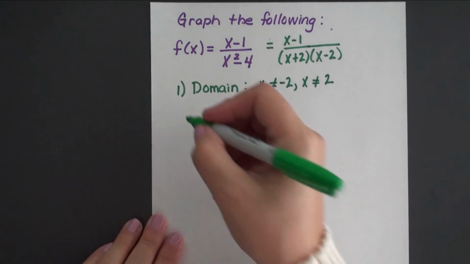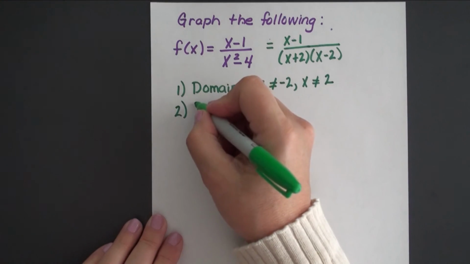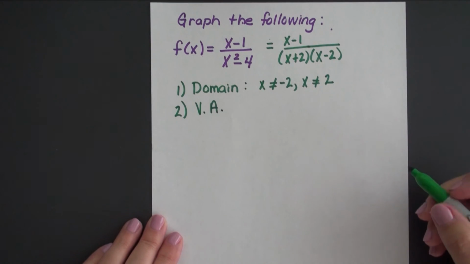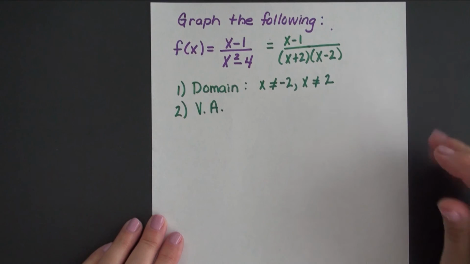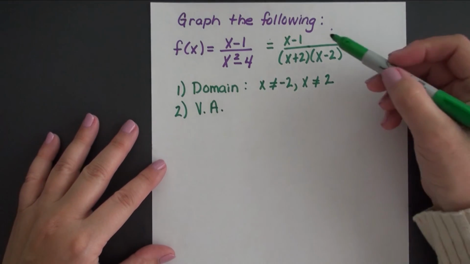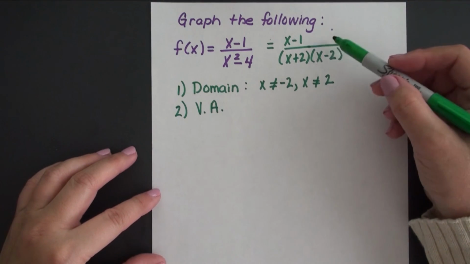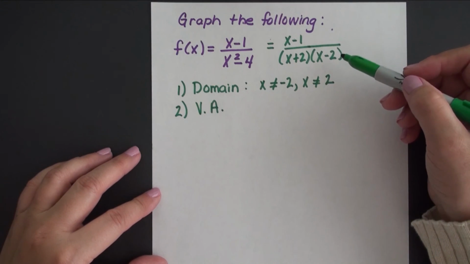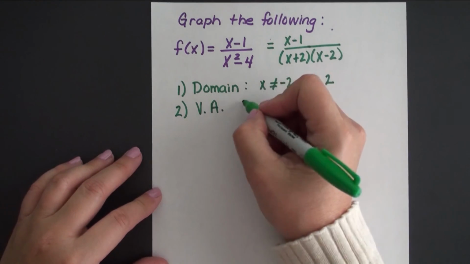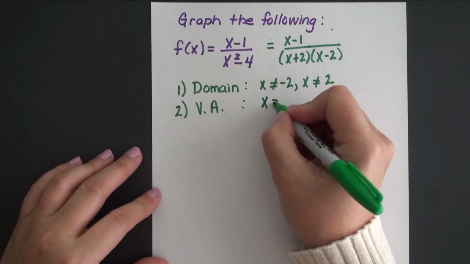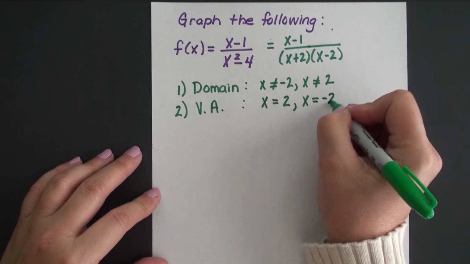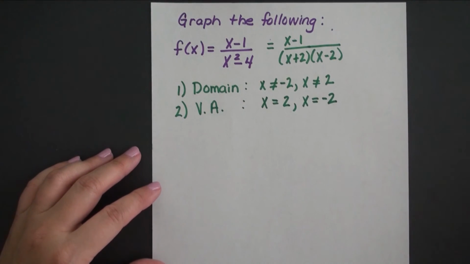The second thing we need to do is determine the vertical asymptote, or asymptotes. The vertical asymptotes, once the function is factored and all common factors are crossed out, are the values that make the denominator equal to 0. So in this case, x equals 2 and x equals negative 2 are our vertical asymptotes.